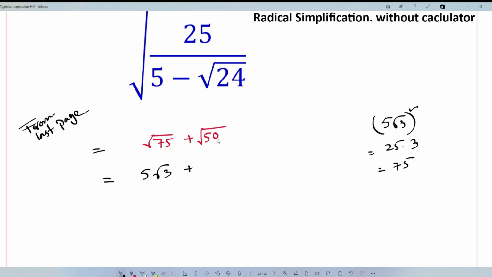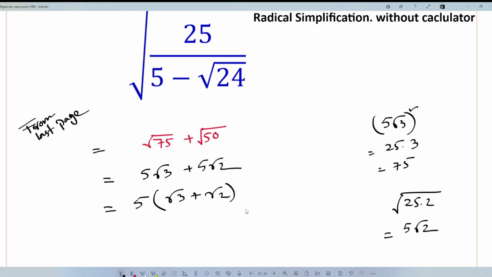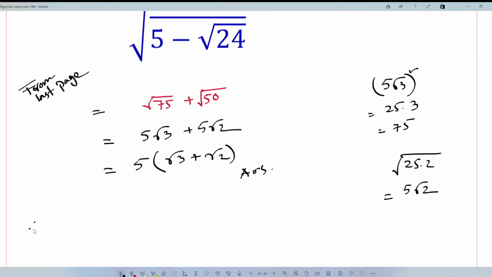Again root 50 we can write as 25 times 2, so the root of 25 is 5, and here root 2, so we can write 5 root 2. Taking 5 common, here is 3 plus root 2. This is our answer.